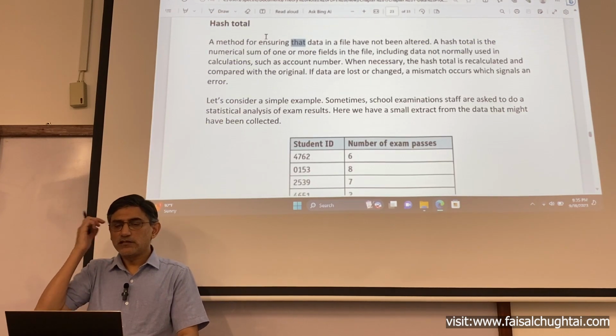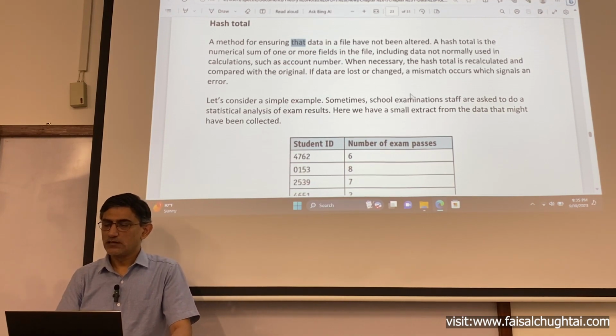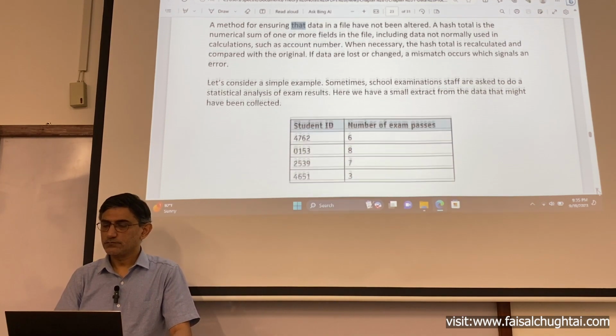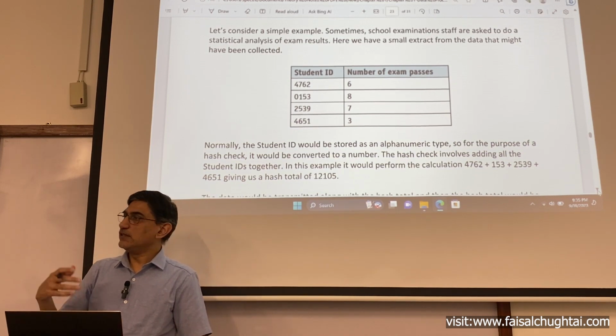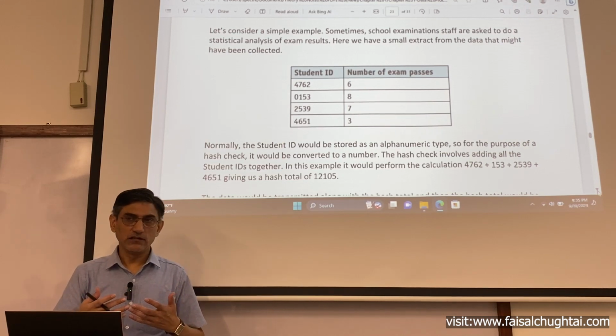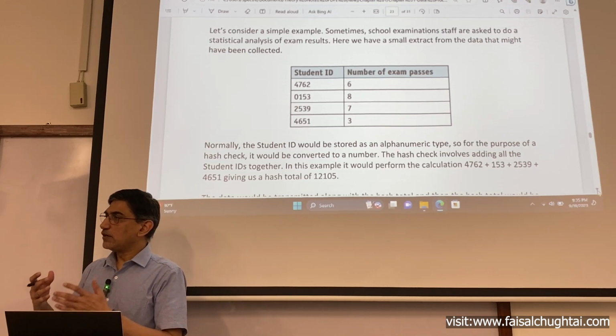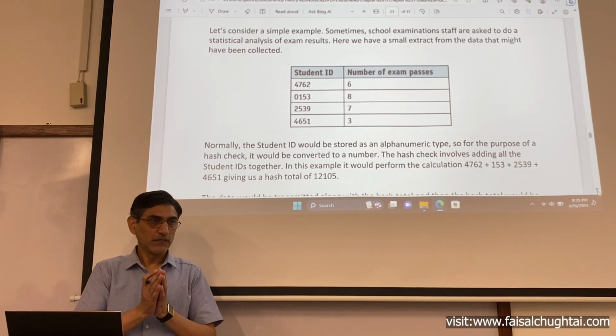One thing that we need to notice about hash totals is that hash totals can work on any data. But when it comes to control totals, they may only work on numeric data.